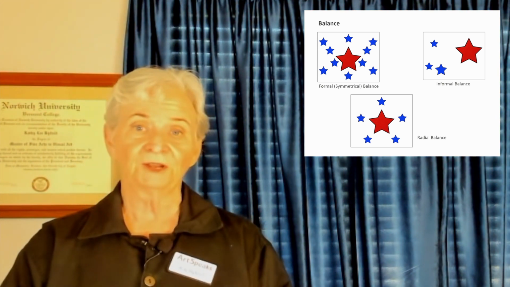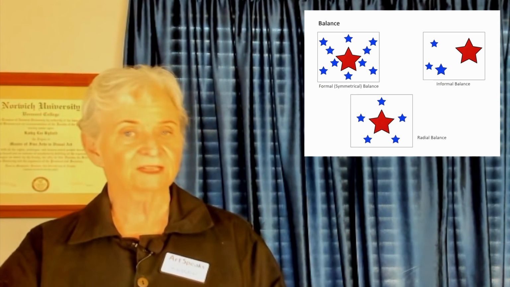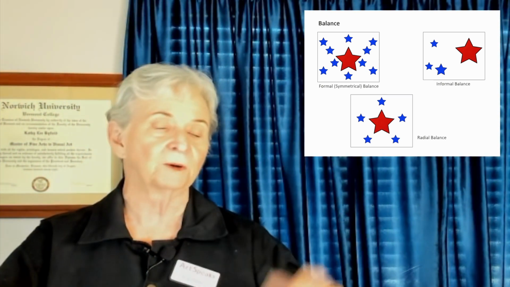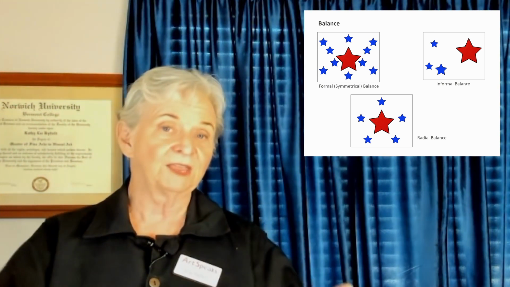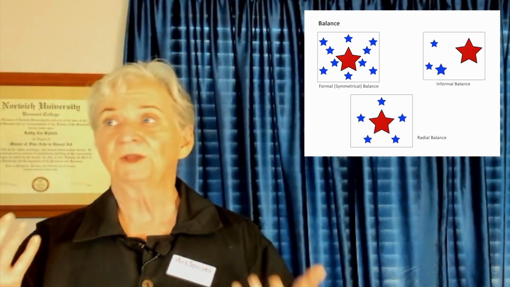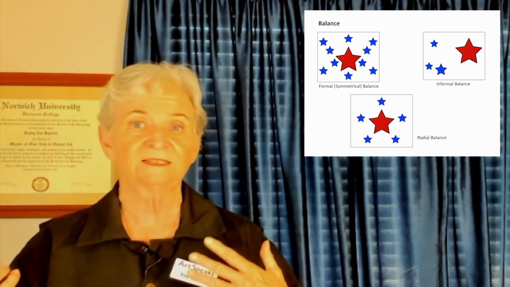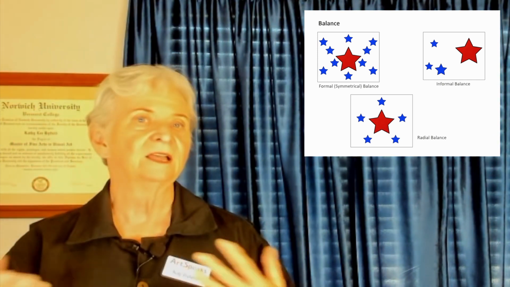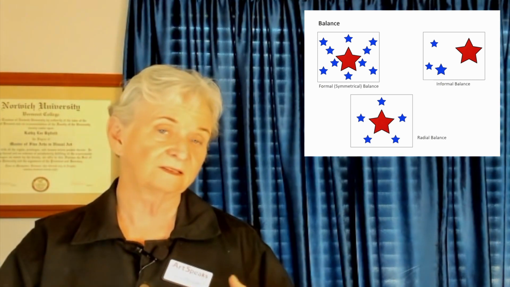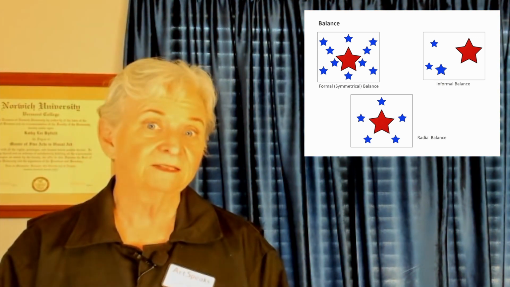So for instance, you could have something very bright or very dark that's smaller, and on the other side it's balanced by things that are lighter and less bright, and so there is an equal psychological weight. You could have dense textures versus less dense textures. It can be color, it can be value, it can be texture, it can be size, it can be shape. But it would feel balanced in that way.